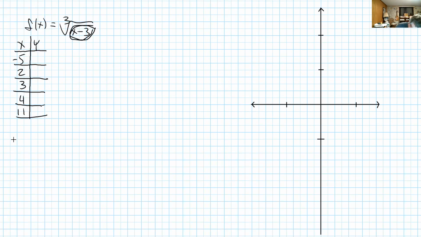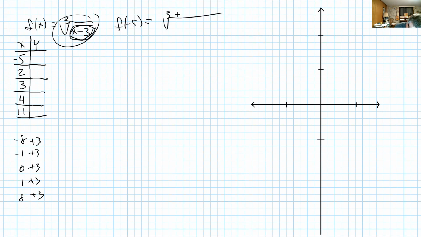So I took -8, -1, 0, 1, and 8, and then I added 3, so that when I put them inside there, subtract the 3, then take the cube root, I get nice numbers, as we shall see here. So f of -5 is the cube root of -5 minus 3, which is the cube root of -8, which is -2.